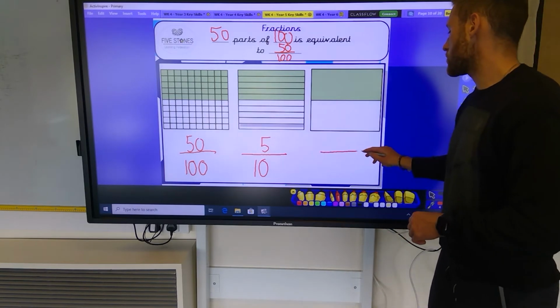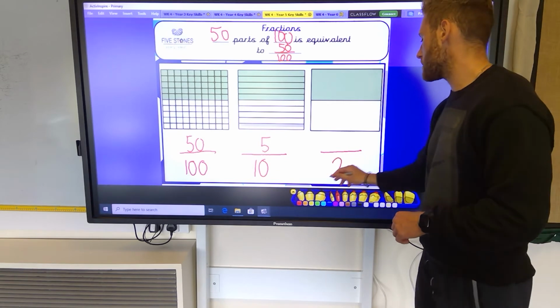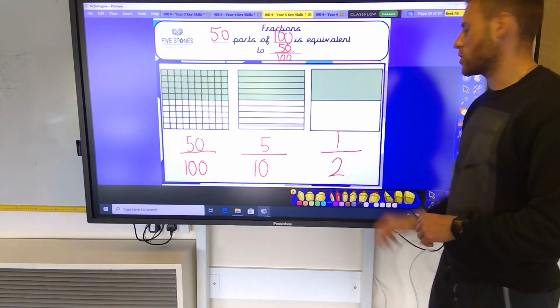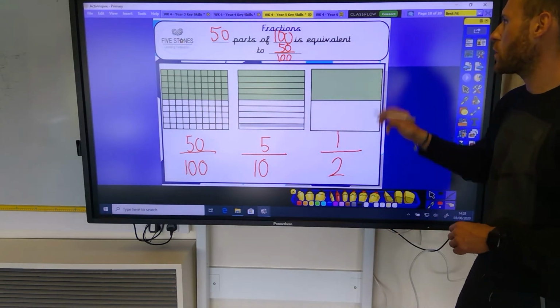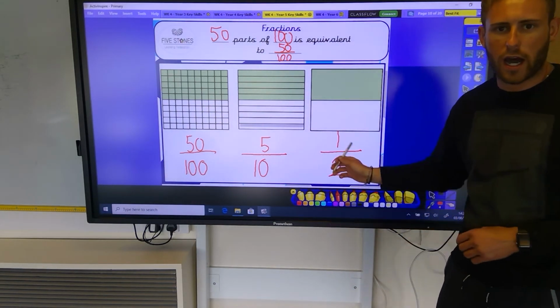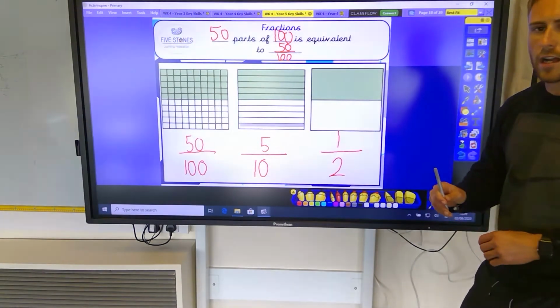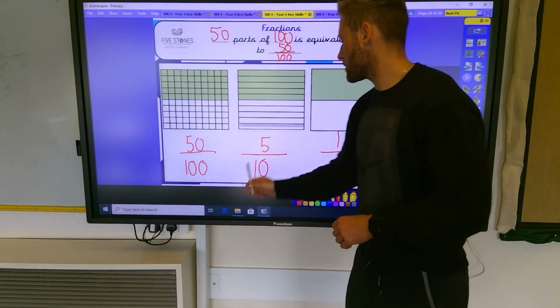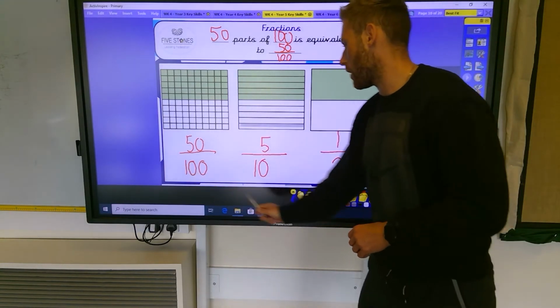Great. So it's been shared into 2 equal parts, and one of those is shaded green. So we know that 1 part of 2 is equivalent to 1/2. So we can see the equivalence between these fractions: 50 hundredths, 5/10, 1/2 are equivalent to one another.